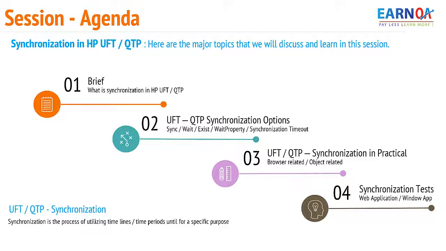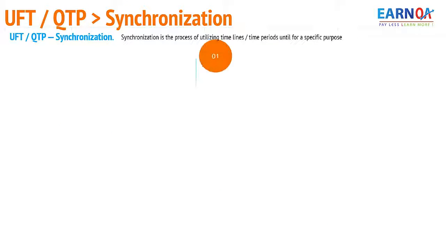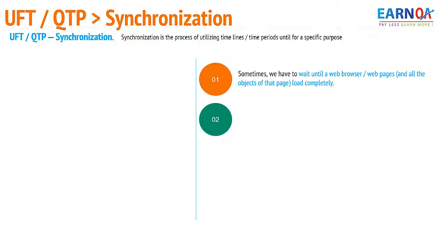Let's get started. So basically, what is synchronization? Synchronization is the process of utilizing time periods or timelines for a specific purpose. For example, sometimes we want to wait until a web browser or web page loads all of its components or all of its objects.